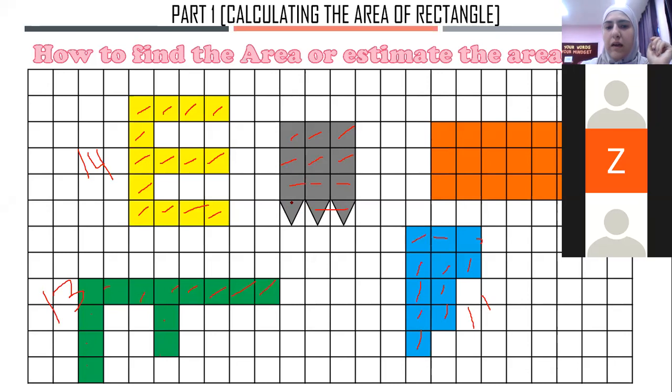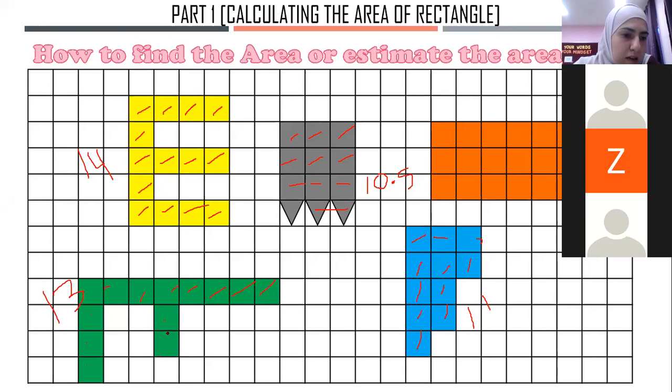And here, this one, we can assume it's a half? Yes. So it's actually how much? 10.5. Now, Zaid said that they could be a half. Some students might say that it's a 3/4. So it depends on you, because this is estimation at the end. So the estimation will not give you an accurate answer. It will give you an estimated answer, near to the accurate answer.